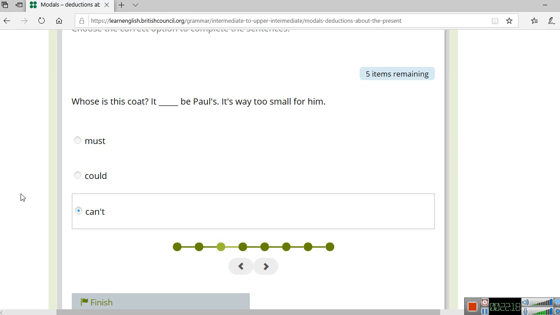So why do you think is can't? Can't is no puede ser because the coat is too small for him. That is a sentence that is 100% sure. Yeah, that's correct. So we're 100% sure in a negative way because, well, the coat is very small and Paul might be a very big man, right? Right, thank you for that.